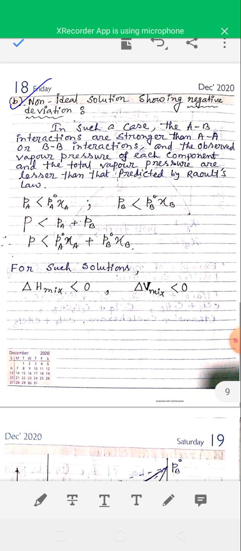And in such a case, the observed vapor pressure of each component and the total vapor pressure of the solution are lesser than that predicted by Raoult's law.